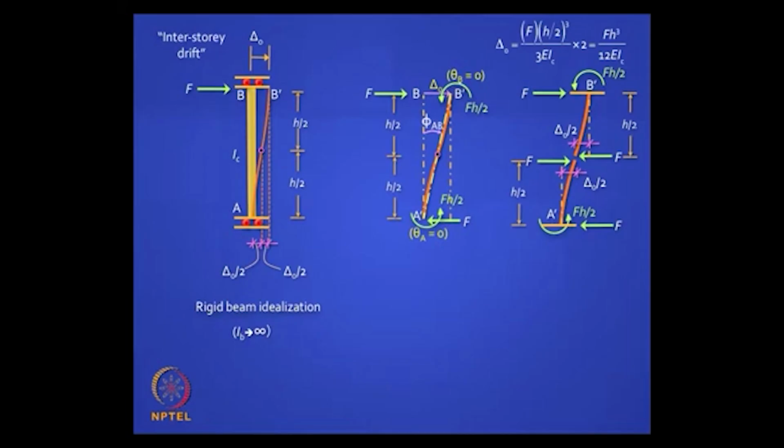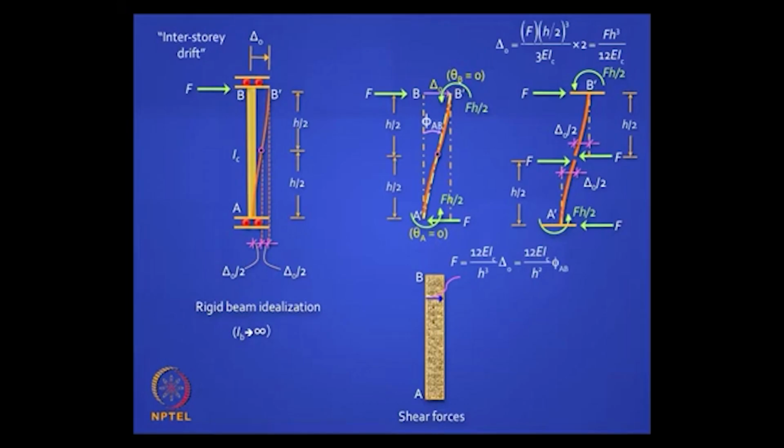Clear? EIB is infinite in this assumption. Now if you draw the shear force diagram, it will be a constant, equal to F, which in turn will be equal to 12 EIC divided by h cubed into delta naught, or 12 EIC by h squared into phi. Phi is delta naught by L.